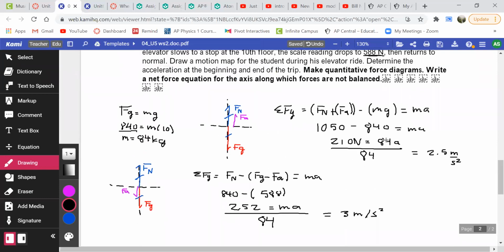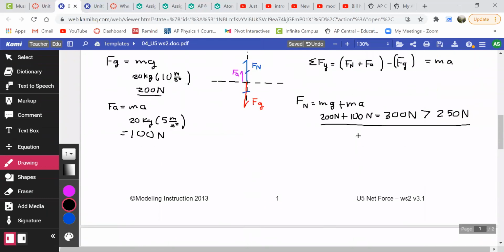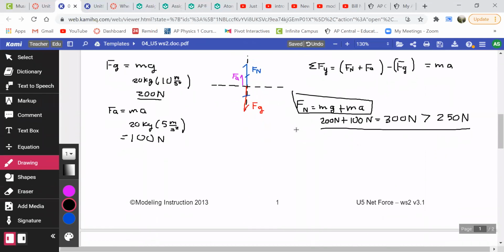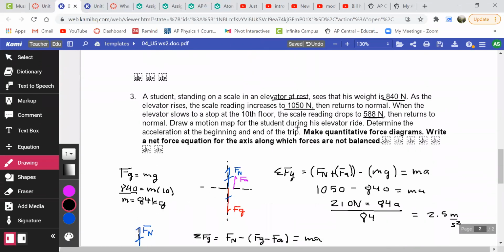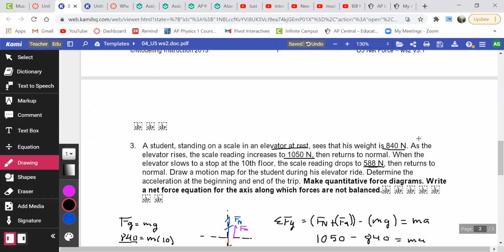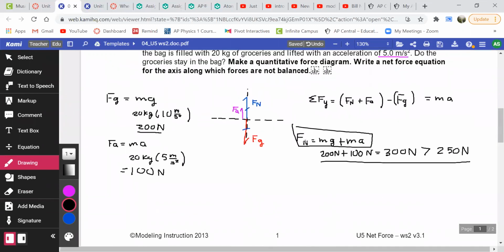So I want to show you something that I mentioned in the last one, and it's this idea right here: mg plus ma, and in this case, we'll also have mg minus ma. For this portion right here, mg was 840, ma was the mass times the acceleration. We don't know what that is, but we do know what this force is.